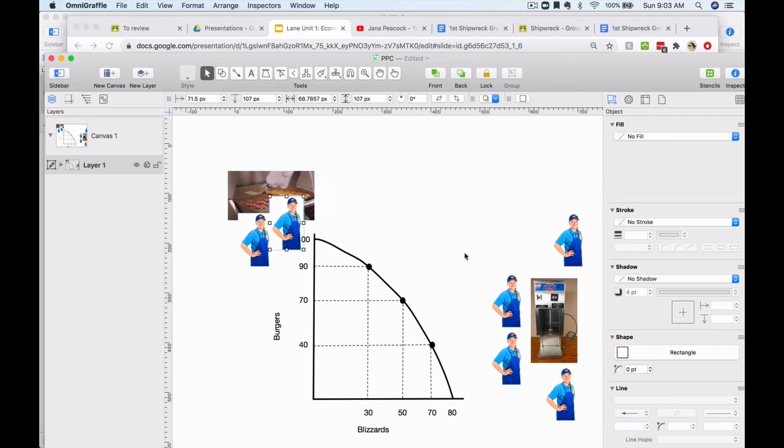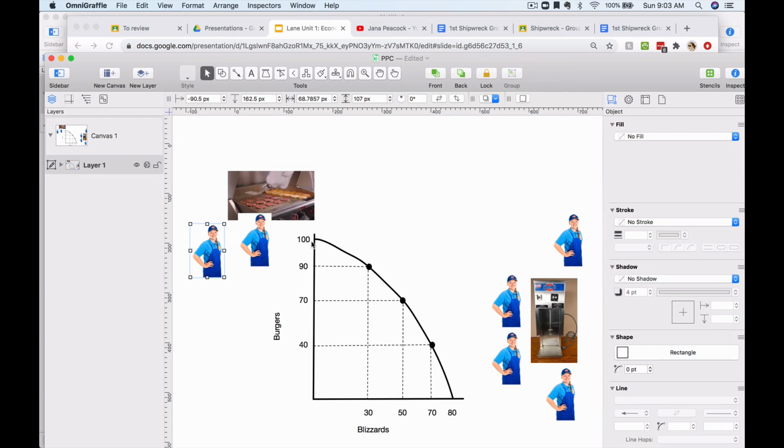If it was the same, say 2 hot dogs for 1 burger every single time, the PPC would be a straight line. So to review, the basics about a PPC are that it shows opportunity costs. You have to narrow it down to 2 items, the one you're making and the one you most likely would make instead, or the one that you'll move another employee to.